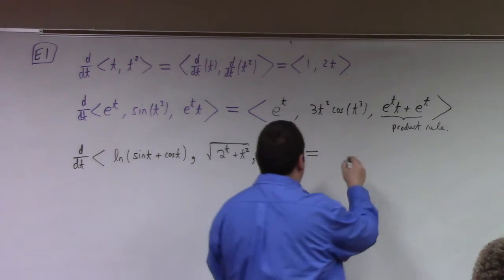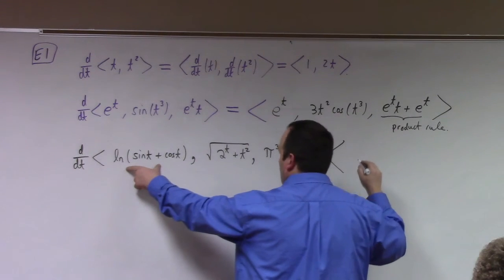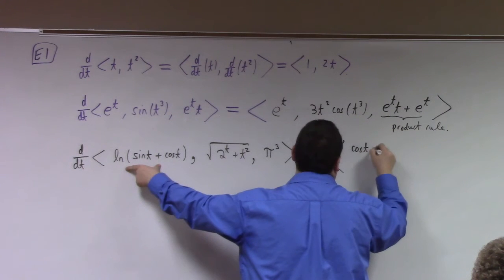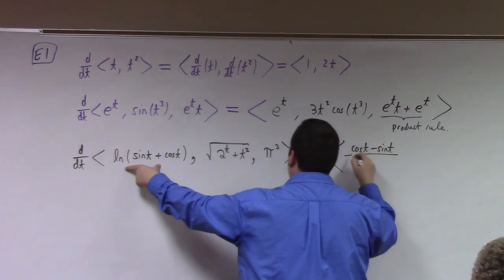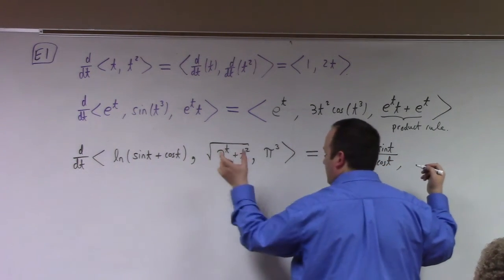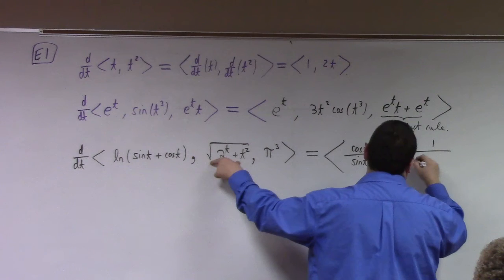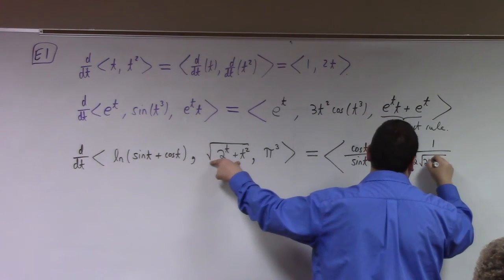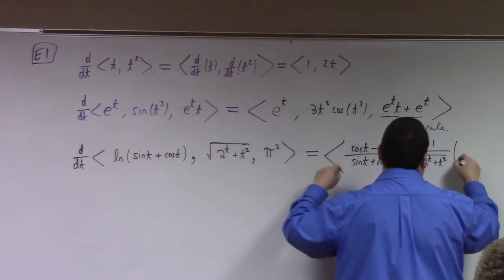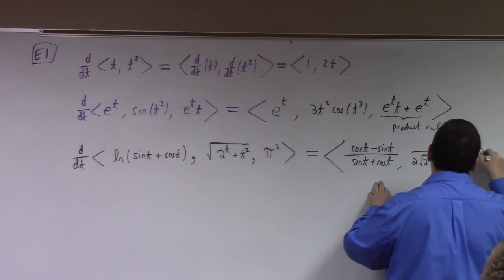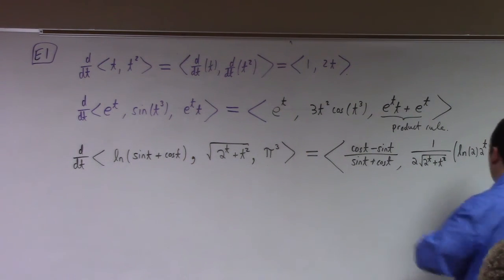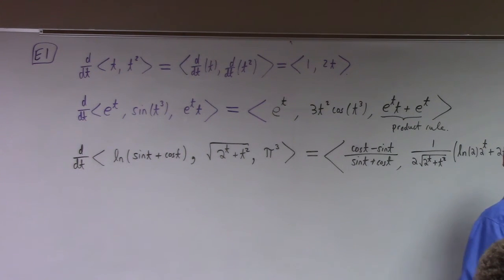All right, so this, by chain rule, is cosine t minus sine t divided by sine t plus cosine t. Differentiating this, I get 1 over twice the square root of 2 to the t plus t squared. Then the chain rule says I multiply by natural log of 2 times 2 to the t plus 2 times t. And then 3 pi squared, right?